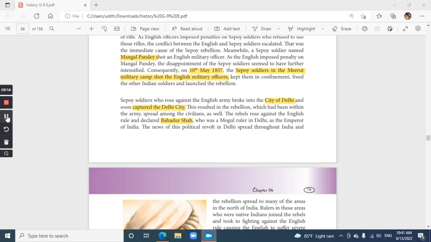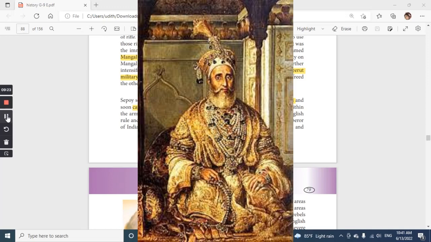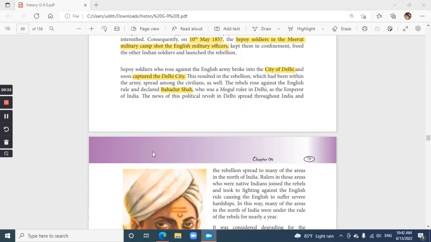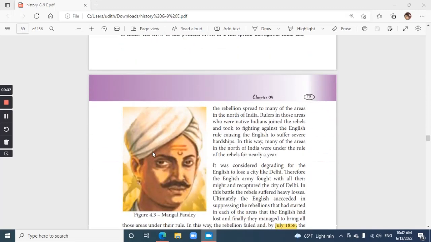Meanwhile, the rebels rose against the English rule, and it was declared under Bahadur Shah. You can see a picture of Bahadur Shah on the screen. Bahadur Shah was a Mughal ruler in Delhi, and he was the emperor of India. So this political news spread in Delhi and also throughout India.